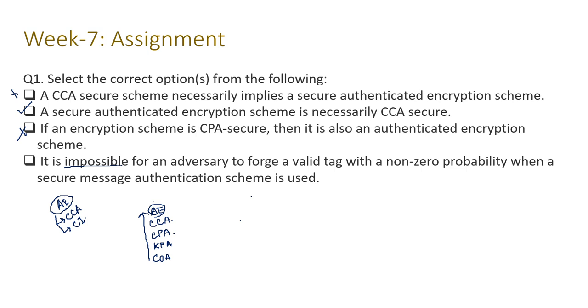We emphasized that the scheme should remain secure even in the presence of a computationally unbounded adversary, but we allowed some negligible probability of winning. So it's not zero probability of winning. There is always a very small, negligible chance of winning for the adversary in the case of a message authentication scheme or MAC scheme. So as you have rightly said, this is also wrong.